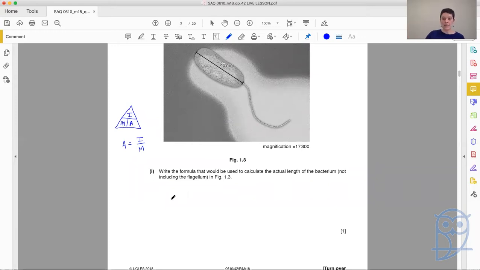So we can say actual length equals length on image divided by magnification. So 45 divided by 17,300 would be how we do it. We get the actual length in millimeters, but they don't ask us to do that. So don't go and do it.